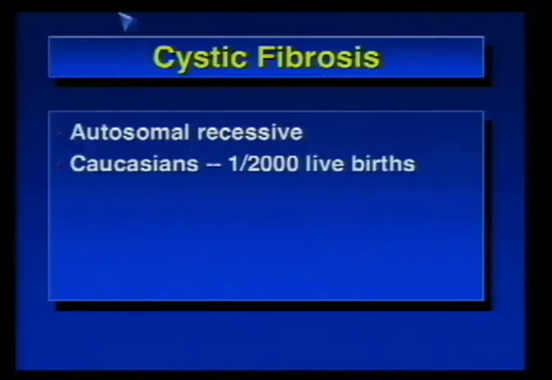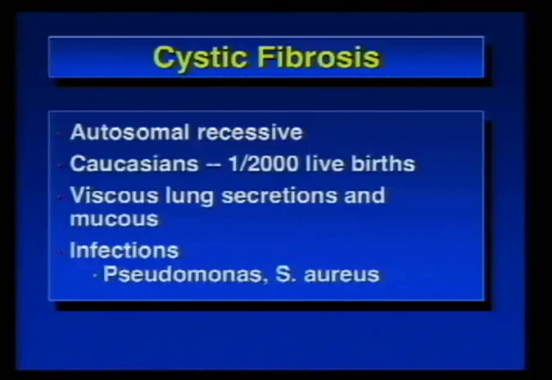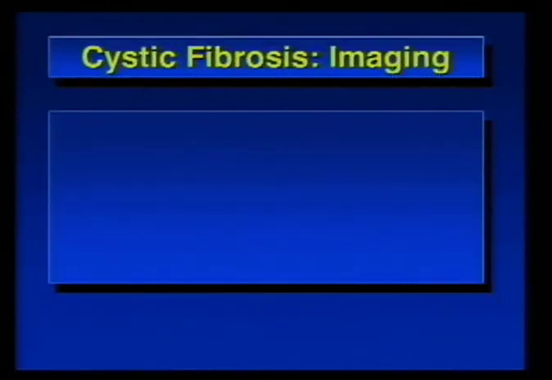It's most common in Caucasians, in 1 out of 2,000 live births. Patients have viscous lung secretions and mucus, and it also involves other organs like what? Pancreas, for example. Infections are very common, especially Pseudomonas and Staph aureus.